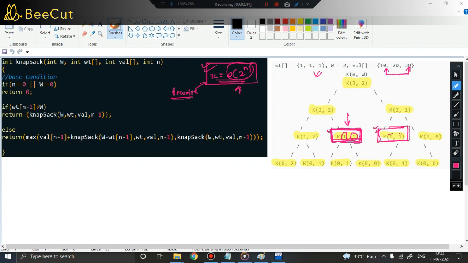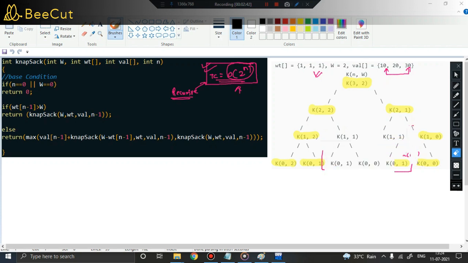So obviously the structure of this tree and this tree will be the same. Here, due to lack of space, I'm just writing the left wing, but the right wing will also be there with a recursive call on 0, 0. So these two functions are exactly the same, and hence they don't have to be evaluated again and again. It is unnecessarily wasting our time and increasing our time complexity, since we are calculating the same function again and again.